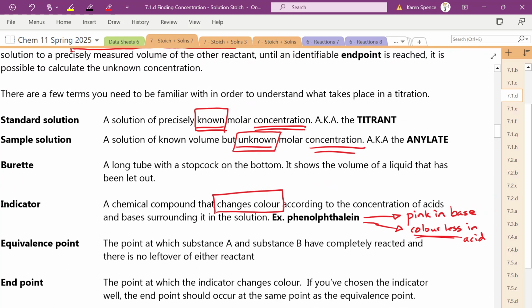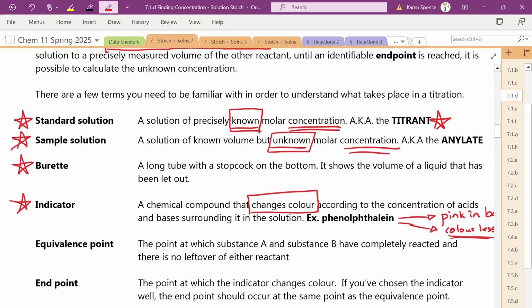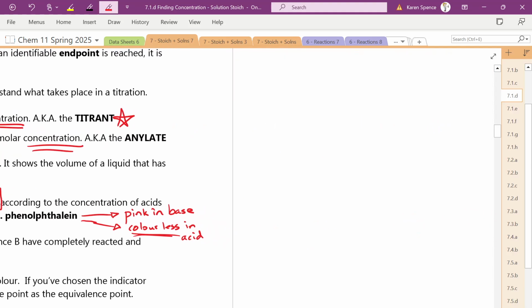You need to know the word titrant. The titrant is the standard, and the standard is the known. If I were doing this for myself, I would have my own piece of paper: standard equals known equals titrant.